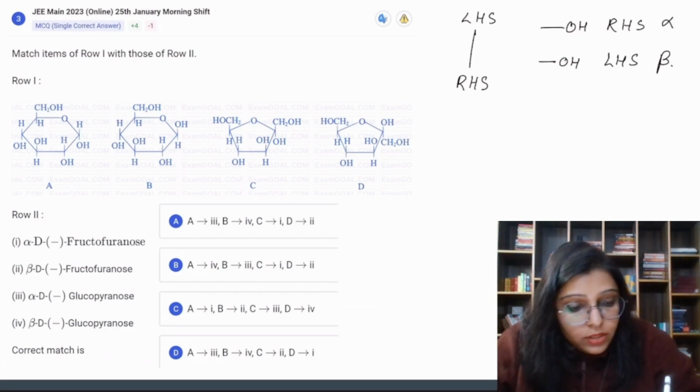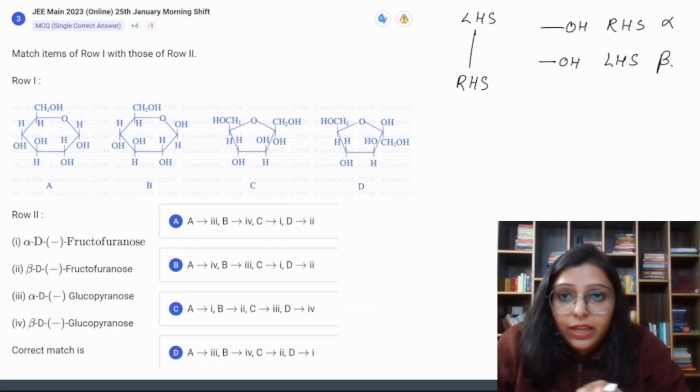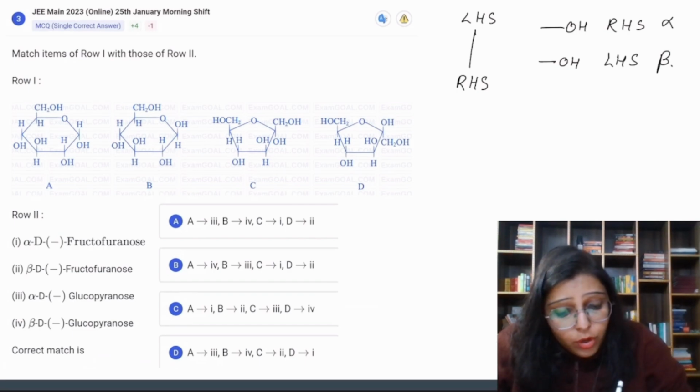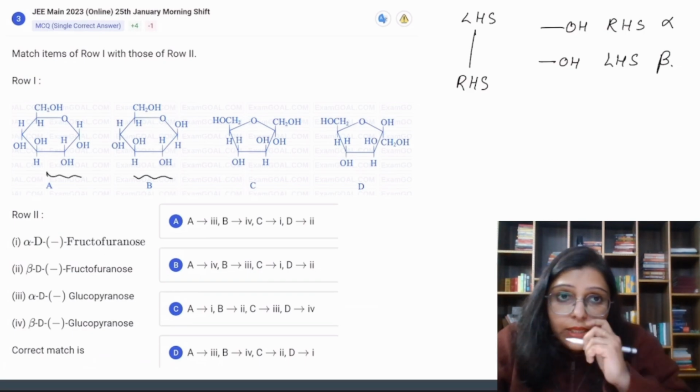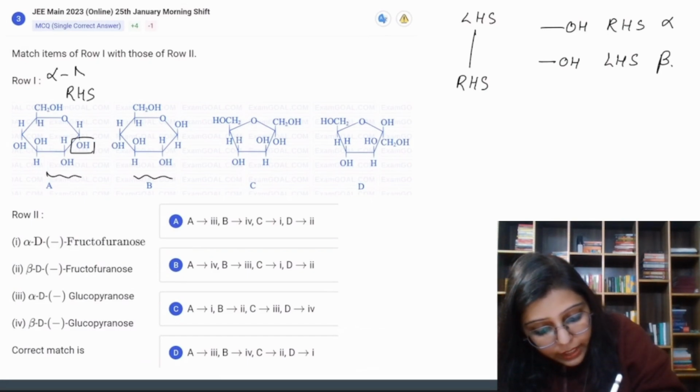So see this OH. We have the glucose thing and the fructose thing. In glucose we take help from the pyranose ring. Here, OH is on the right hand side, so this is alpha D glucopyranose.